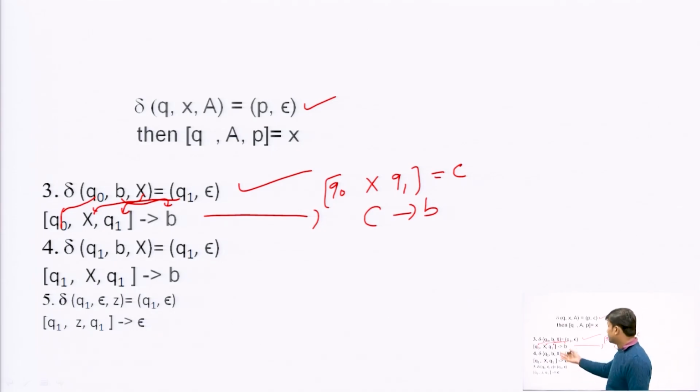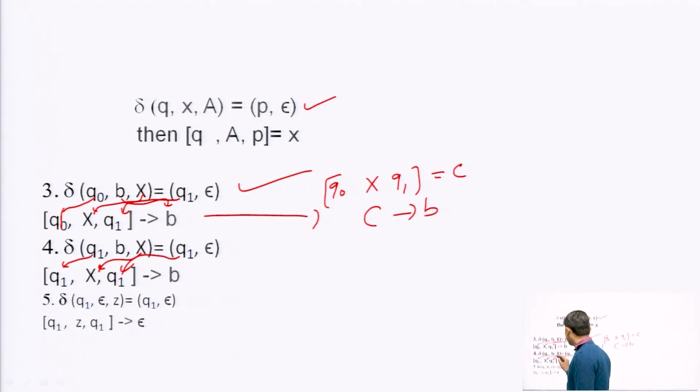So here q1 B x, then q1 epsilon. For this you see here q1, and this is x, and this is q1 and this is b. So this is q1 x q1 b.